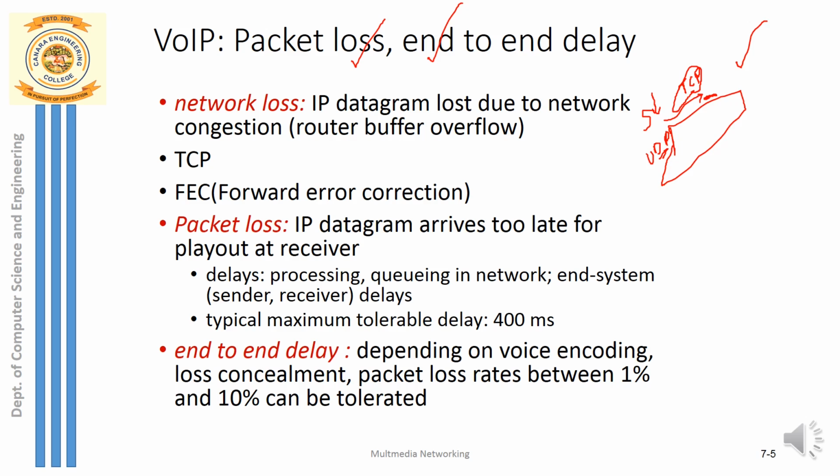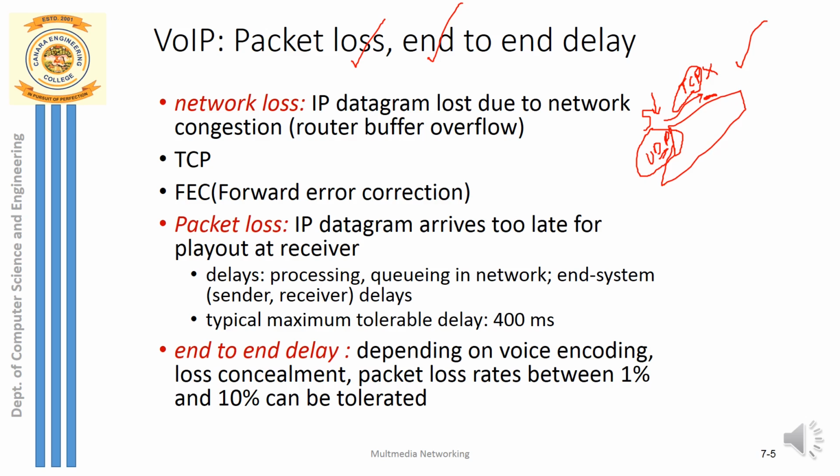So TCP is not at all a good choice for transmission of audio. UDP doesn't have this retransmission mechanism or this reduction of sending rate mechanism, so UDP is most suitable for voice or audio transmission.